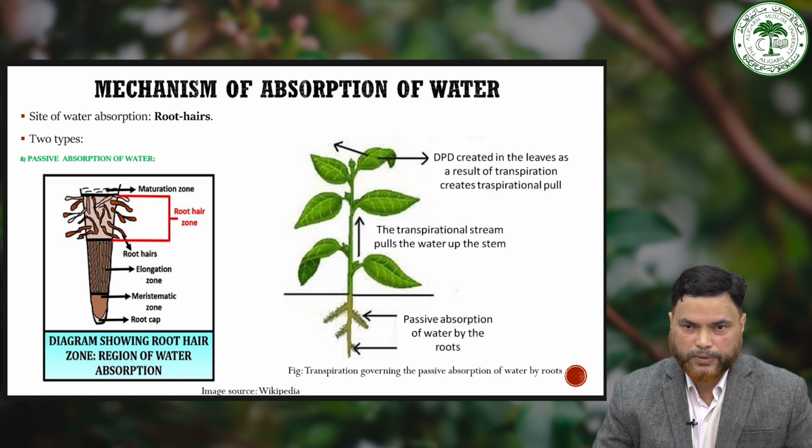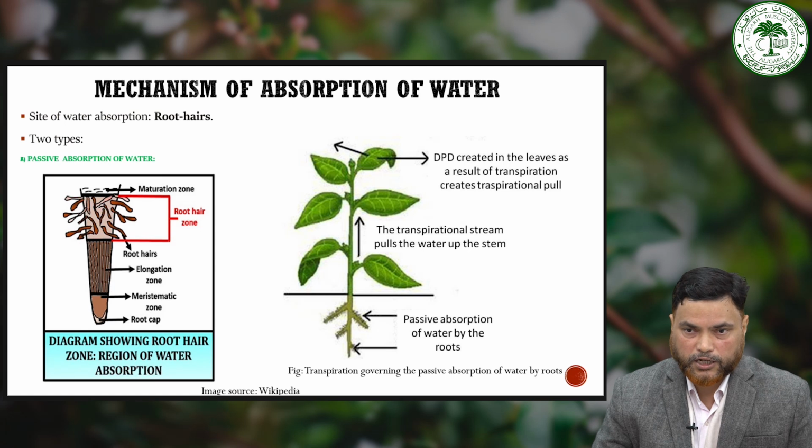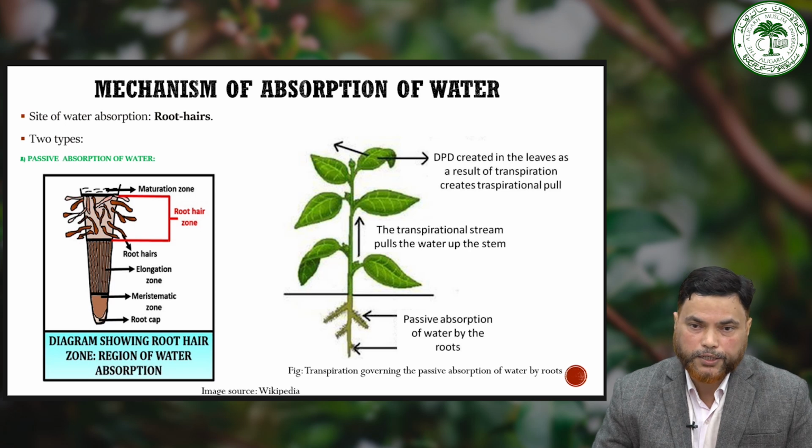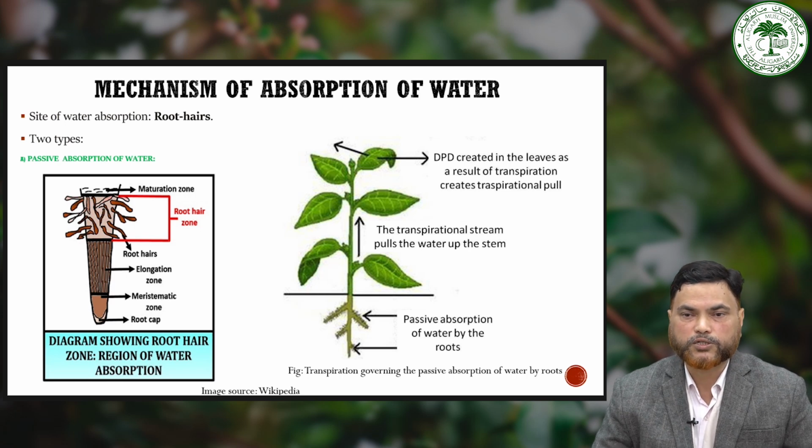So it can be said that if transpiration rates are high, it will lead to increase in the difference between the water potential of above and below parts of the plant and will lead to increased water absorption from the soil.